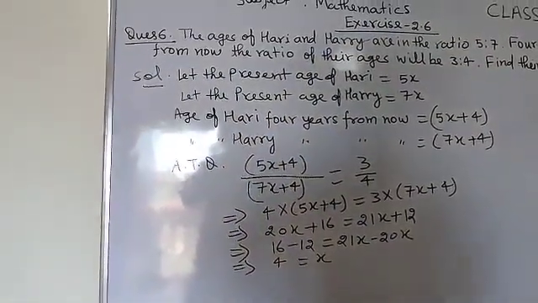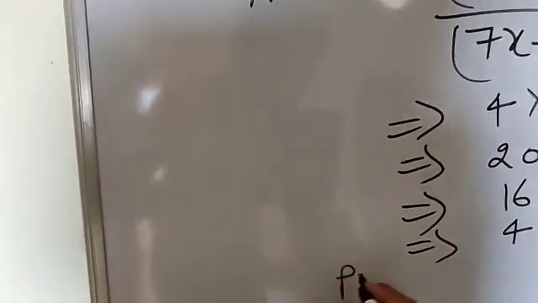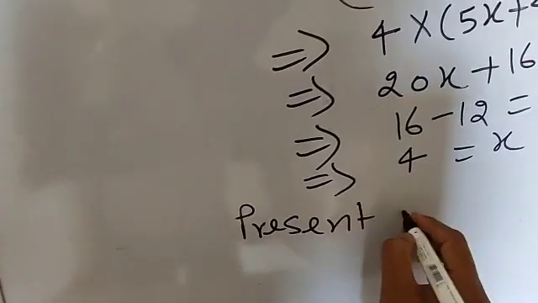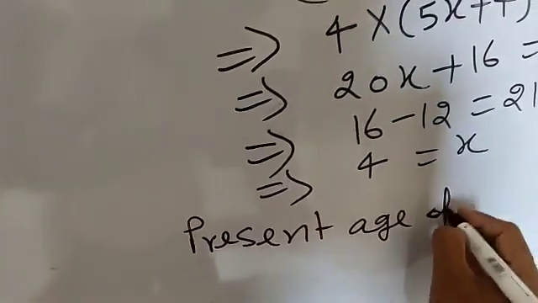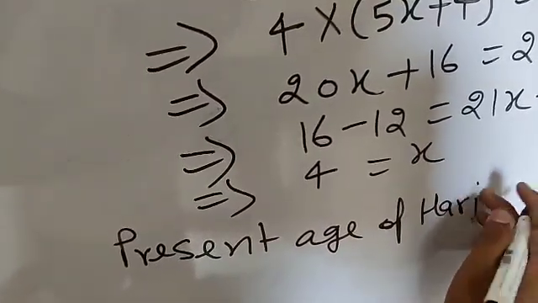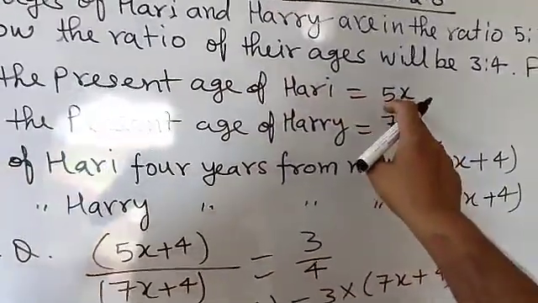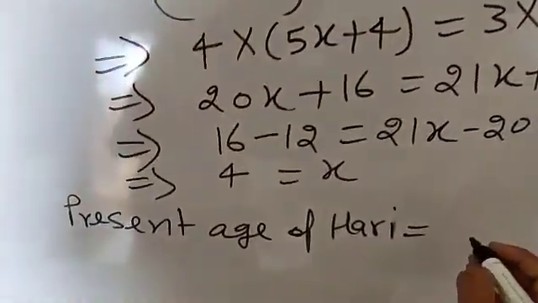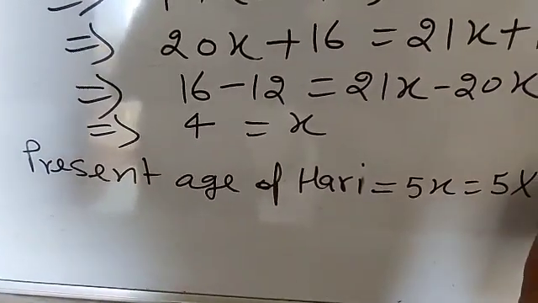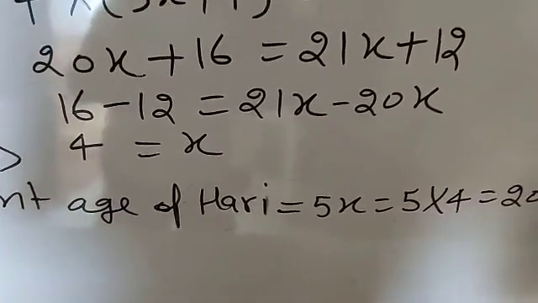Now you need to find the present ages of both the persons. So here present age of Hari is equal to, and here you have written present age of Hari is 5x, so that is equal to 5x. It can be written as 5 into x value is 4, so that is equal to 20 years.